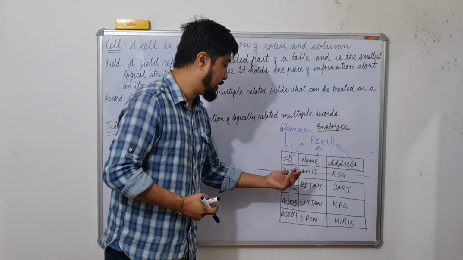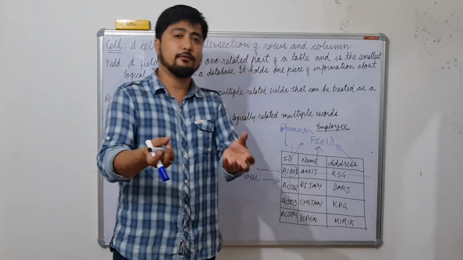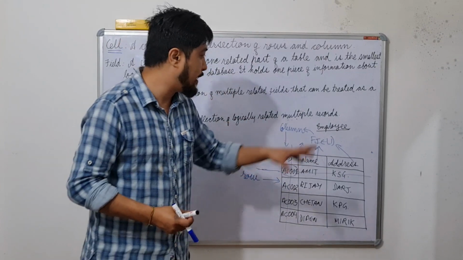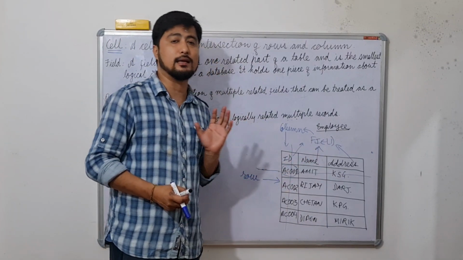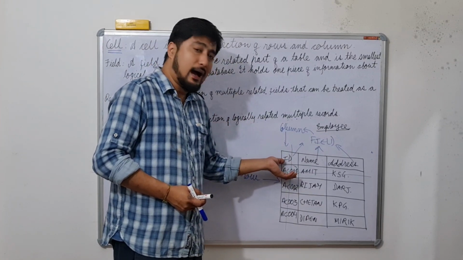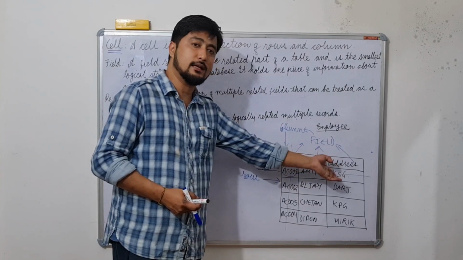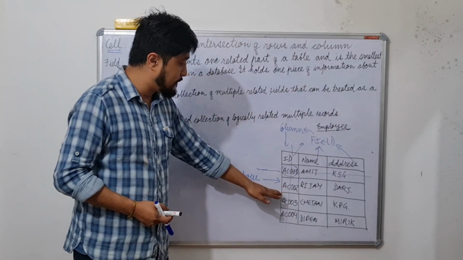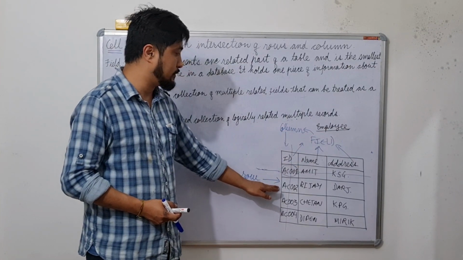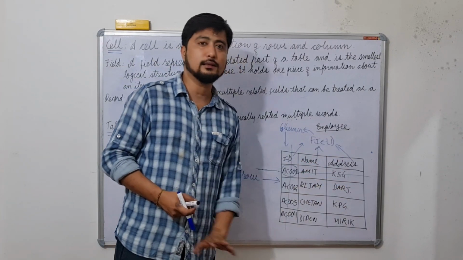See, if I want to retrieve the values of the employee whose ID is AC001, his name is Amir and his address is Karsan. And the employee whose ID is AC002, his name is Vijay, and the address is Darjeeling.